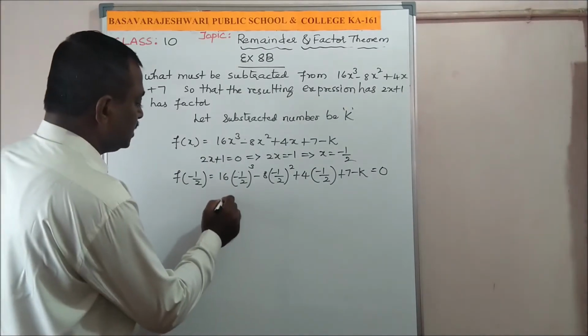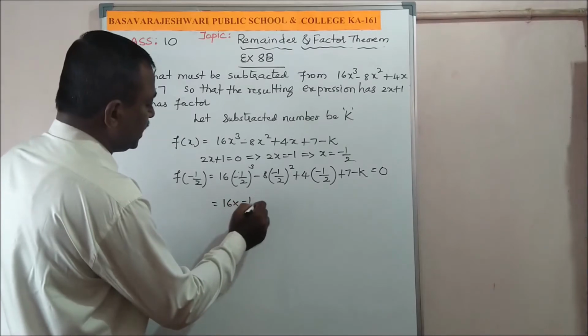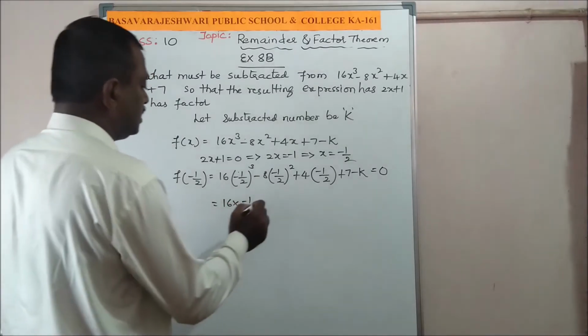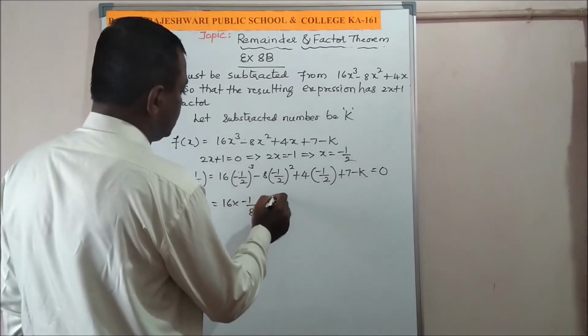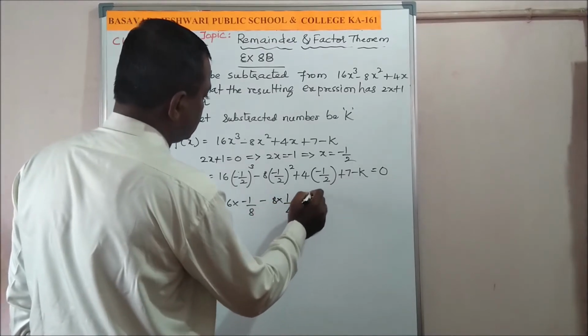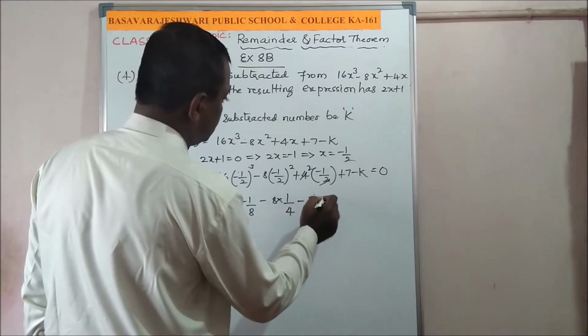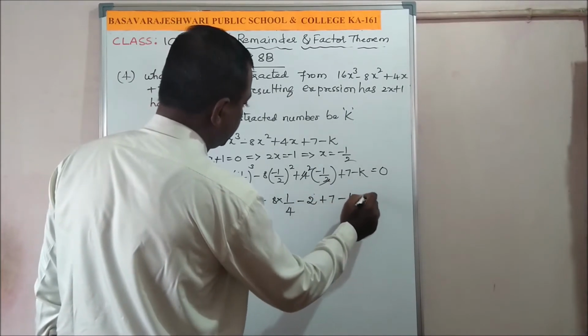That is 16 into minus 1 by 8, right? Minus 8 into 1 by 4, minus 2 plus 7 minus k is equal to 0.